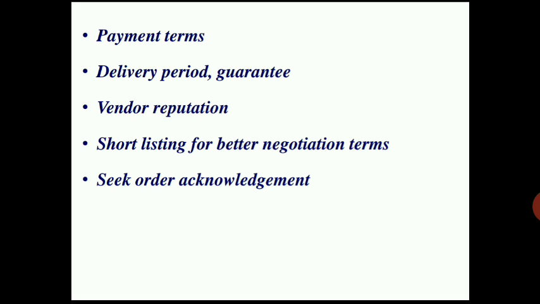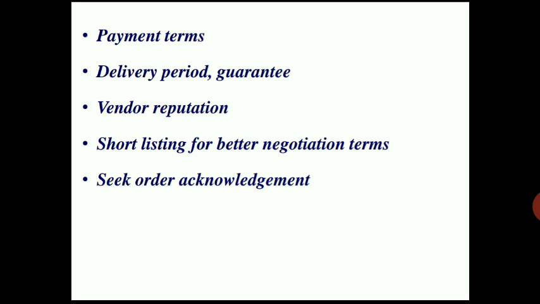And next, the shortlisting for better negotiation terms. In some cases the material cost might be more, and in some cases the material quality may vary. If a vendor is supplying materials for lesser cost, we need to check the quality first.